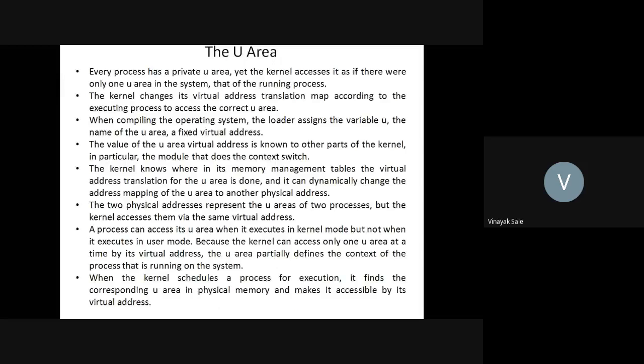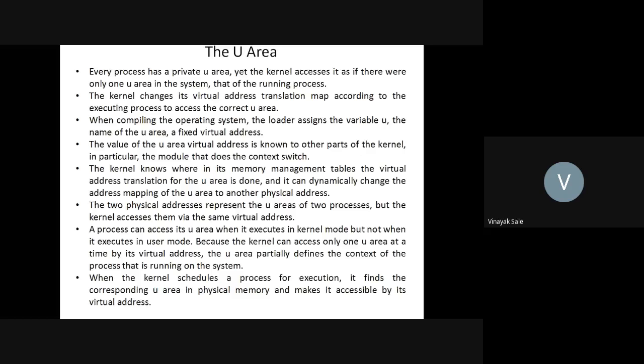The last part is the user area. Every process has a private user area that the kernel accesses as if there were only one user area in the system, that of the running process.